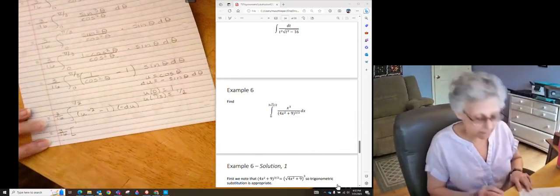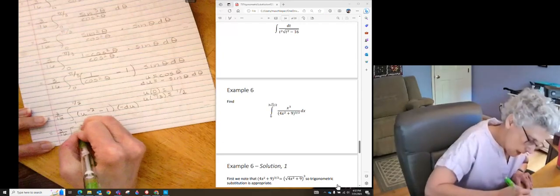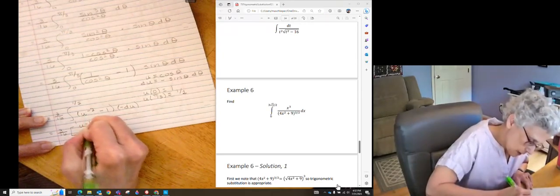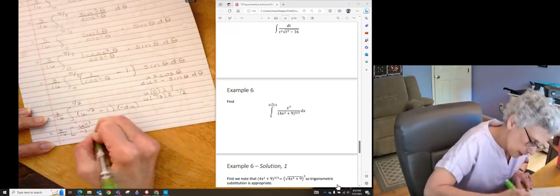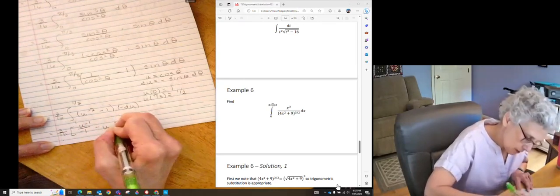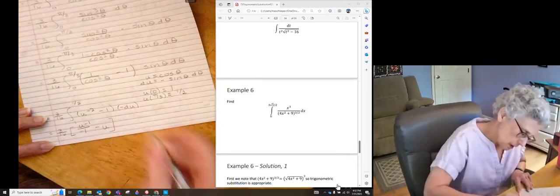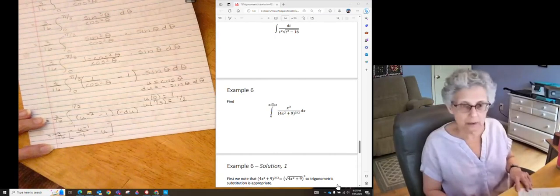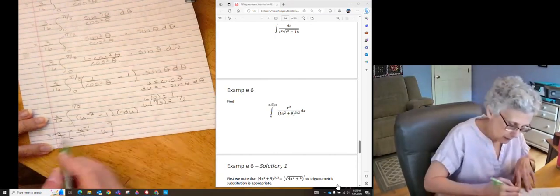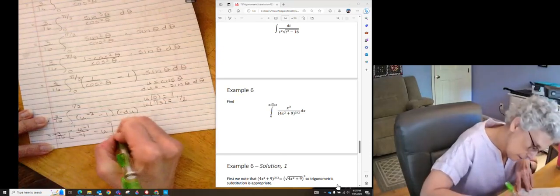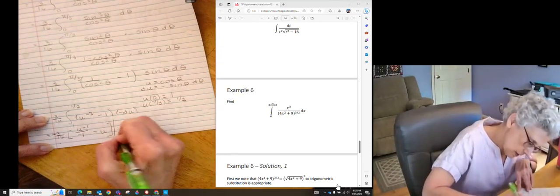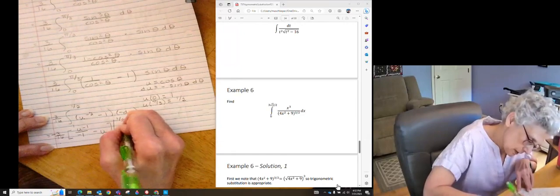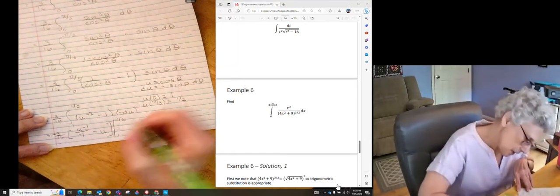Add 1 to the exponent, divide by the new exponent. So u to the minus 1 over minus 1 minus u, and that is negative, so I'll put the minus sign out front. That came from here, so evaluated from 1 to 1/2.